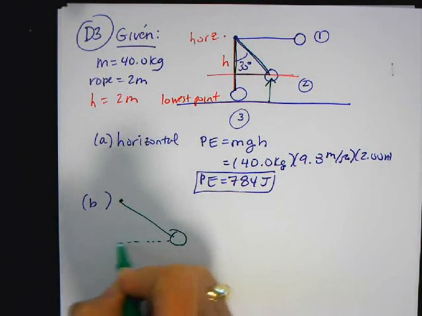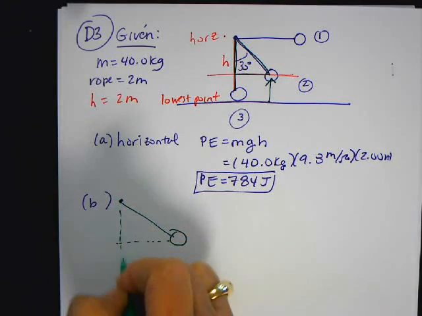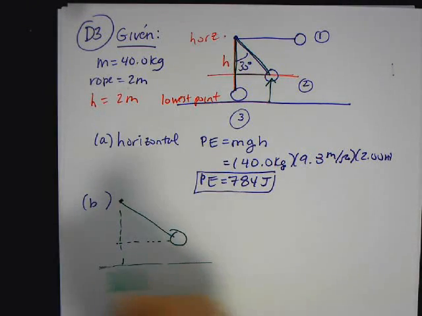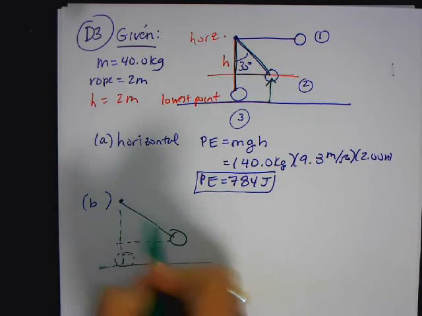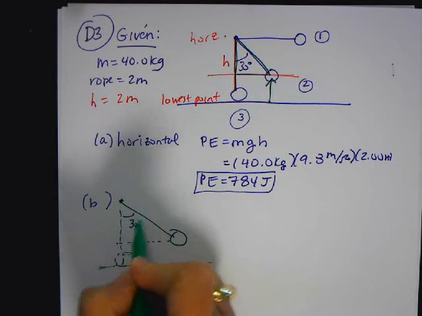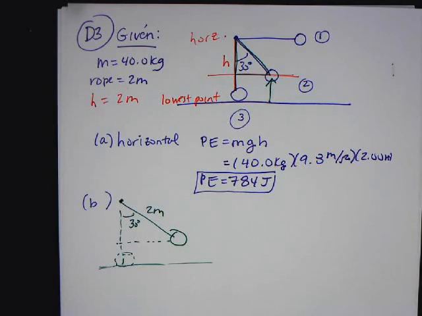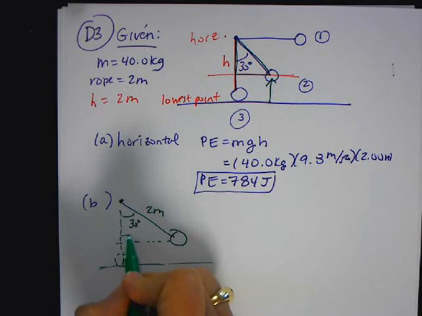I didn't draw it to scale. Even though the length here is 2 meters, the length here, when it's at 30 degrees, is also 2 meters, right? This is a right triangle.